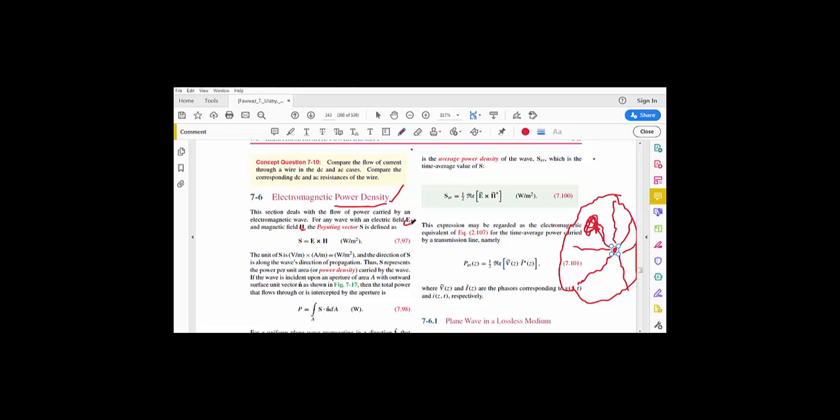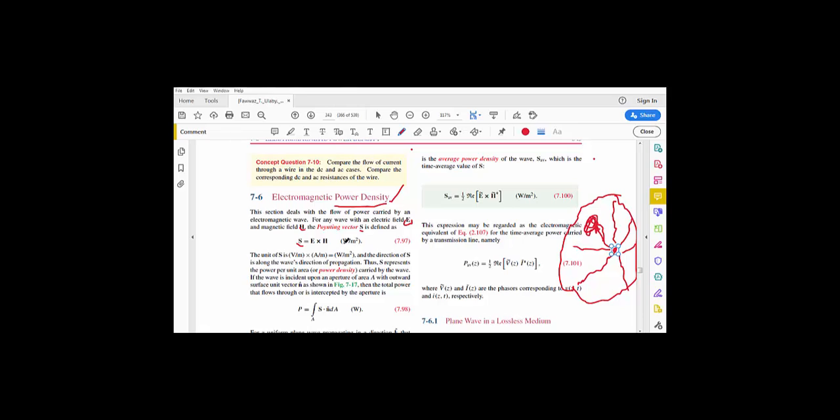As we are talking about a cross product, the result will be a vector also. So we say the power density refers to the power per unit area at a certain direction, and we call this the Poynting vector, referred to by capital S. This vector represents the power density, and we calculate it by the cross product between the electric field and the magnetic field.